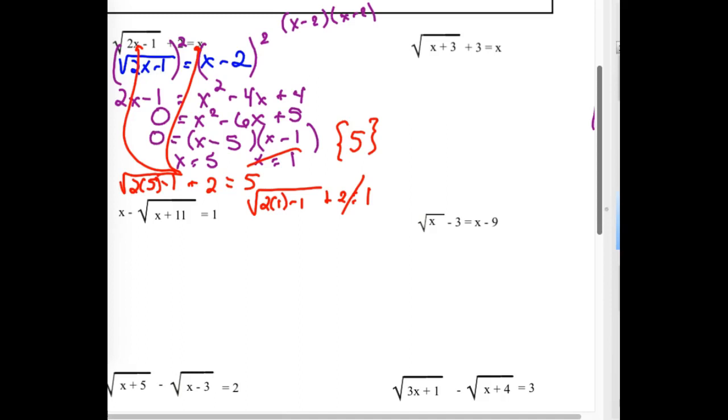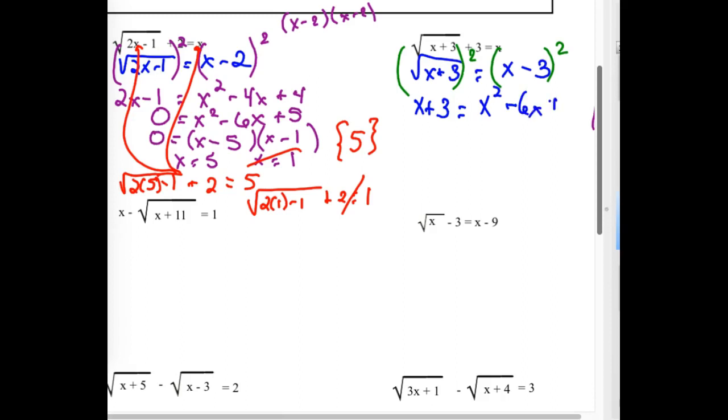First step would be to do what? Subtract the 3 over. Okay? Then how do we undo the square root? All right. If we square both sides, we end up with an x plus 3 on the left. How about on the right? I heard x squared minus 6x plus 9.